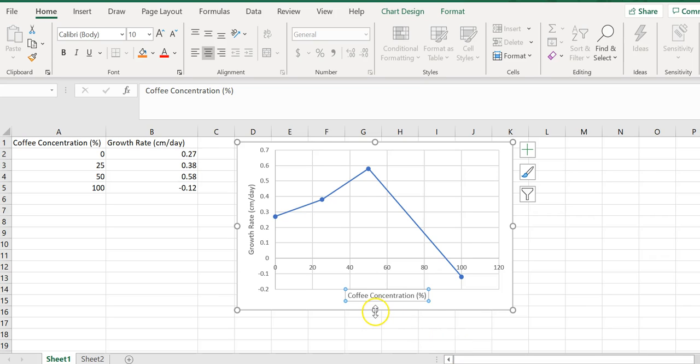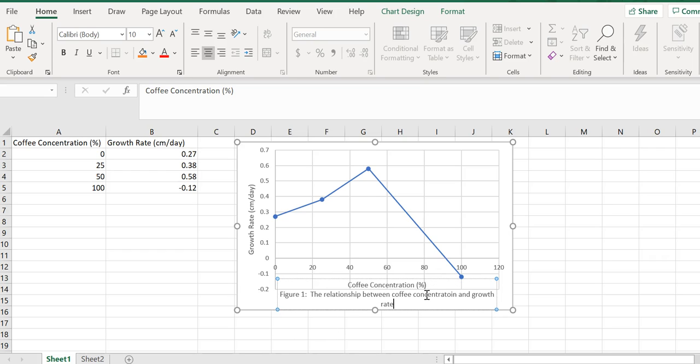But what I want to show you here is that, remember, I need figure captions. One easy way to put figure captions onto an Excel graph is to just click Return, and then underneath my x-axis I can put in Figure 1 because it's my first figure, and I'm going to write the caption, the relationship between coffee concentration and growth rate.